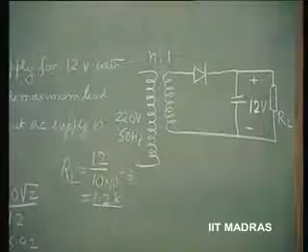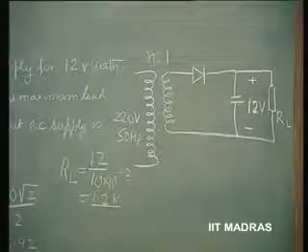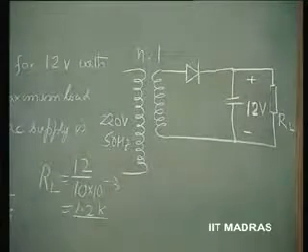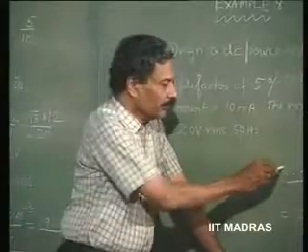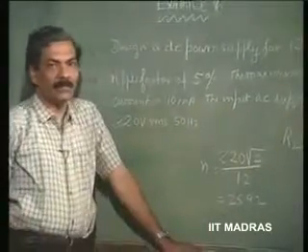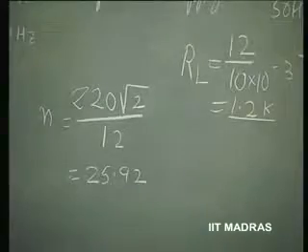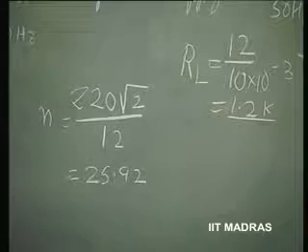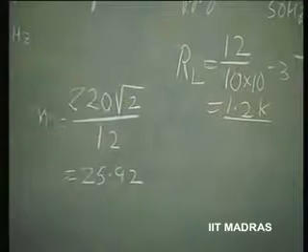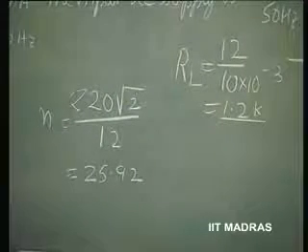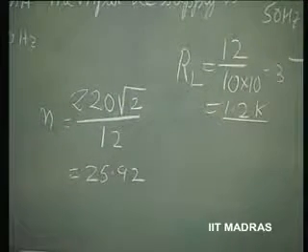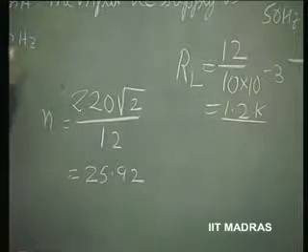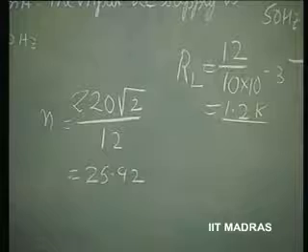Now, let us first evaluate the most important thing in the design, that is the turns ratio. 220 volts into root 2 is the peak value of the primary AC voltage, 220 being the RMS value, and therefore the secondary peak value is 220 root 2 by n, that should be equal to 12 volts DC.